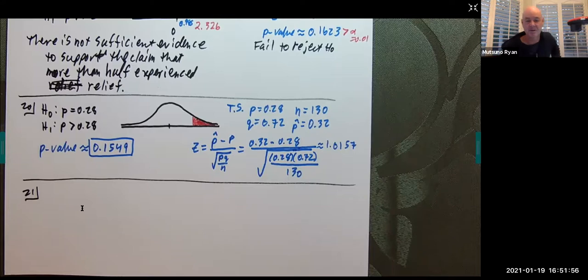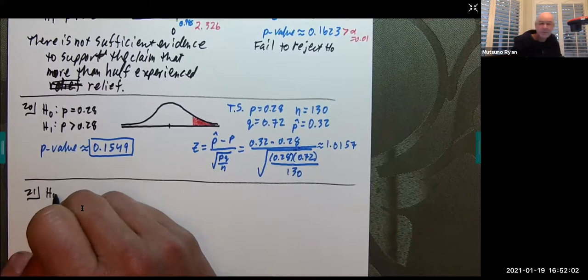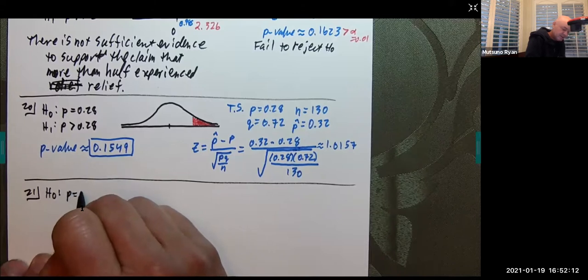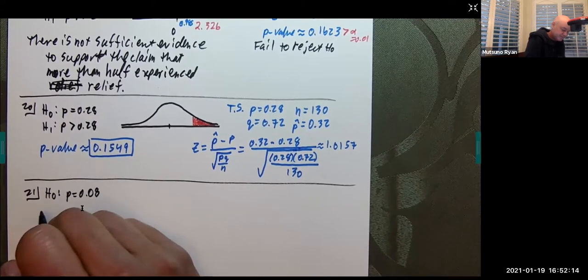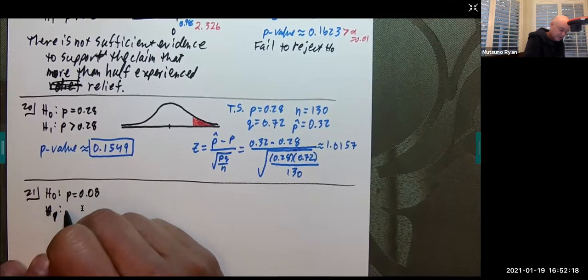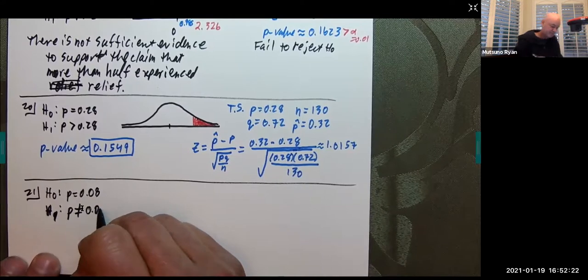Now this one's going to be similar, except in this case, the proportion for all adults, yeah. So p is equal to 0.08. And the claim is that it's not 0.08.